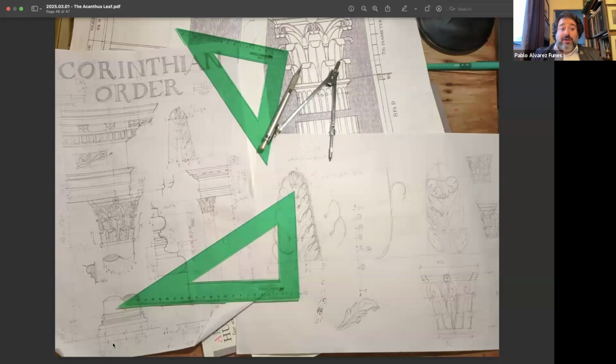You don't understand why a girl's hairstyle became the Ionic capital. If you don't get the symbolic, abstract approach to it, you cannot get into it. So it is important to take that into consideration.